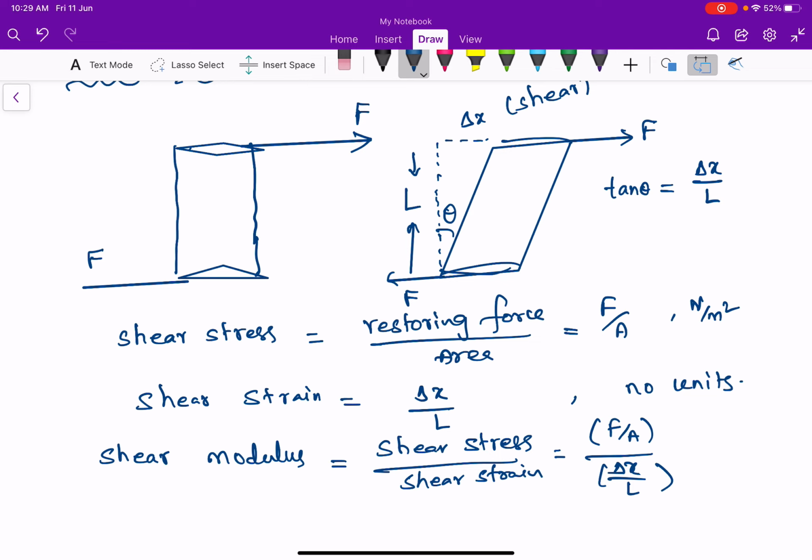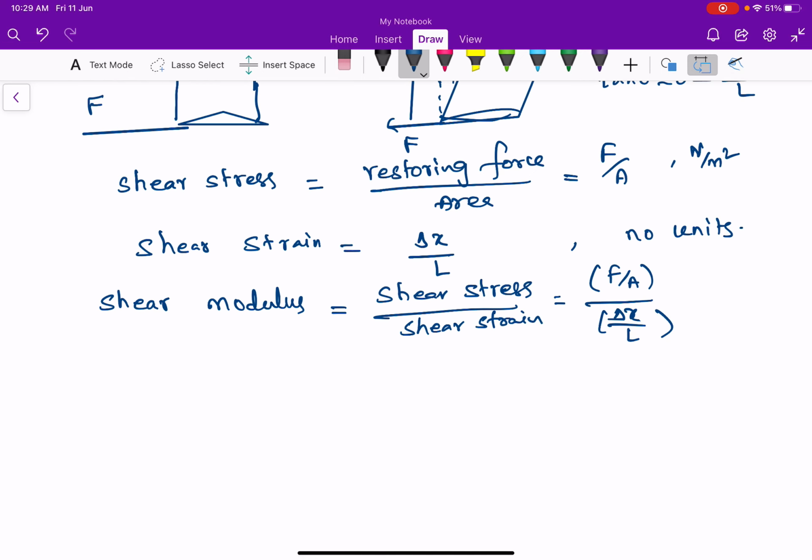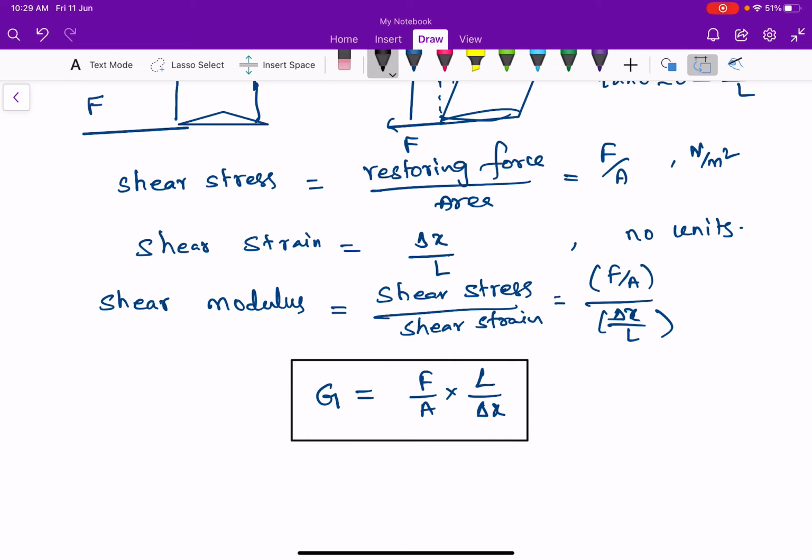For small displacement, for small deformation, tan theta is approximately equal to theta, that is equal to delta X by L. So here the shear modulus is indicated with G. G is nothing but F by A into L divided by delta X. This is the formula for shear modulus.